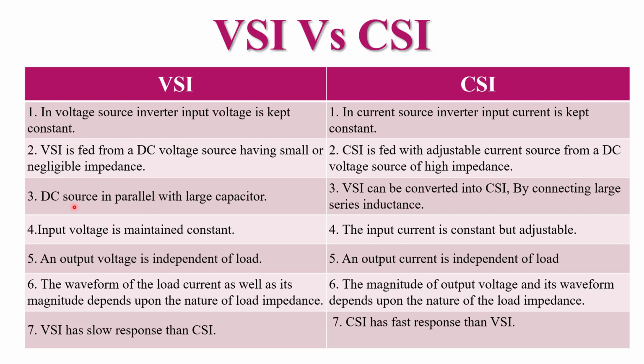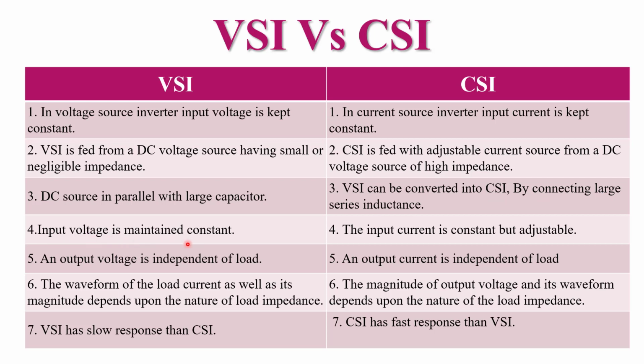Next is, to make voltage source inverter, here we use a DC voltage source in parallel with large capacitance. Now in case of CSI, VSI can be converted into CSI because we know that CSI does not exist. So VSI can be converted into CSI by connecting large series inductance.